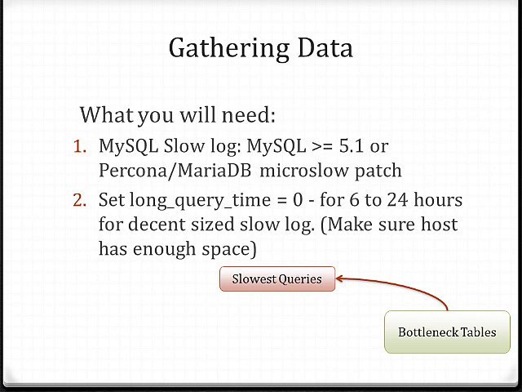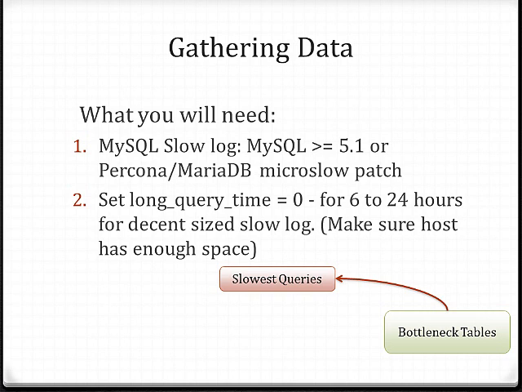So again, gathering data, we use the MySQL slow log, set to 0, or the micro slow patch. By the way, the micro slow patch has more information, from InnoDB and Prof, but I don't use it very often. If you set it to add this information, it will increase the size of the slow log.